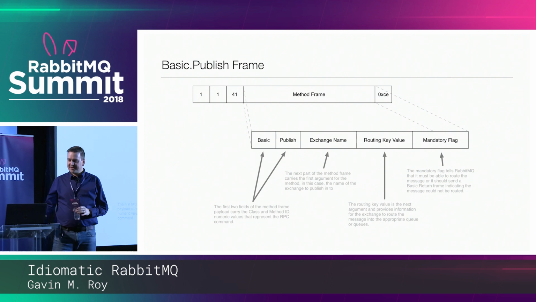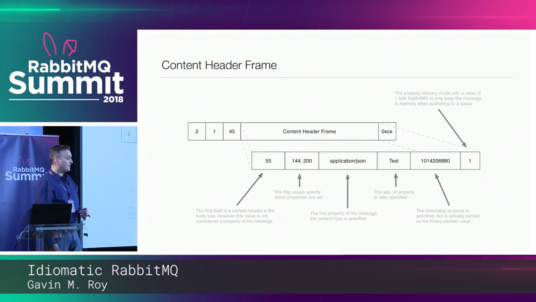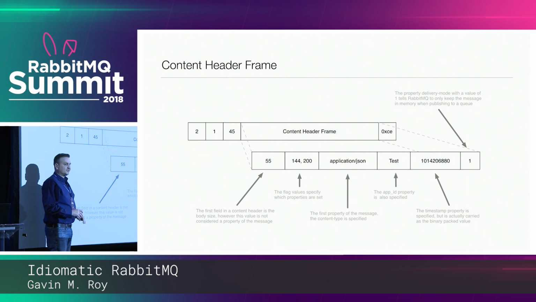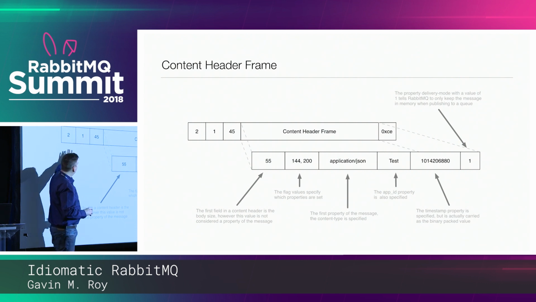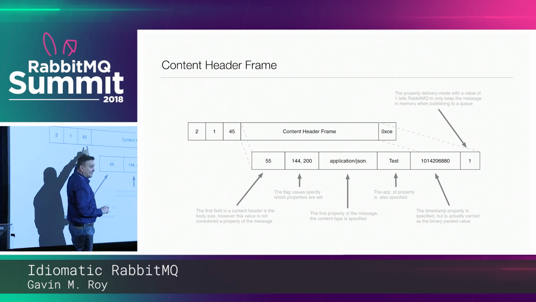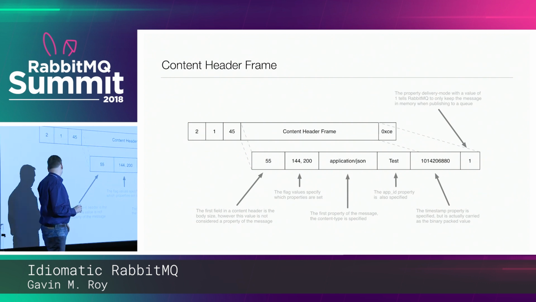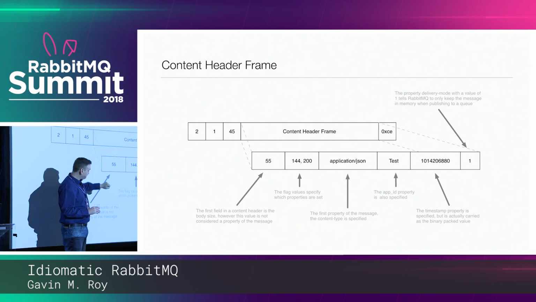Every message that's published has that. And then every message that's published has this, and this is the content header frame. And you'll see there's a pattern here. We have these containers that then break down to another container that then break down to another container. In this case, we're saying we're a content header frame on channel number 1, and we have 45 bytes worth of data. And within that, we're keeping track of the body size.